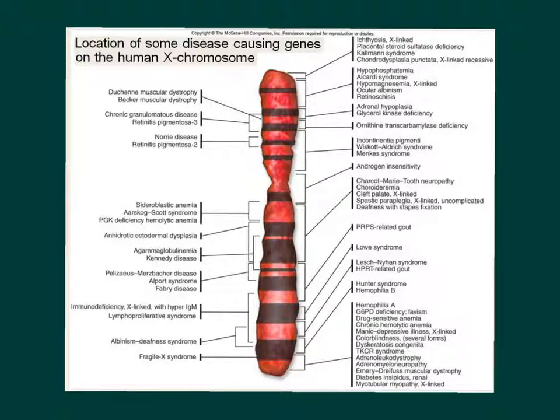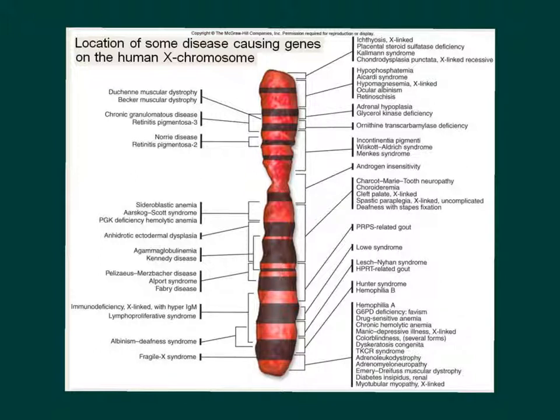Now this is just the X chromosome. Ladies, you have two of these. Gentlemen, you only have one. And these are the diseases associated with the human X chromosome. So if you get a mutated or bad allele at any of those stripes, you get a disease.